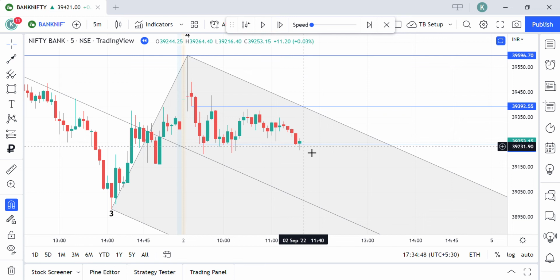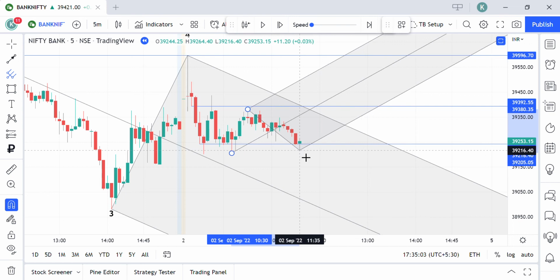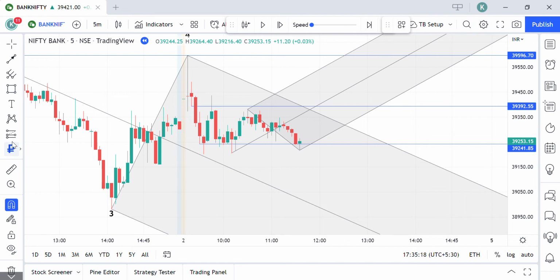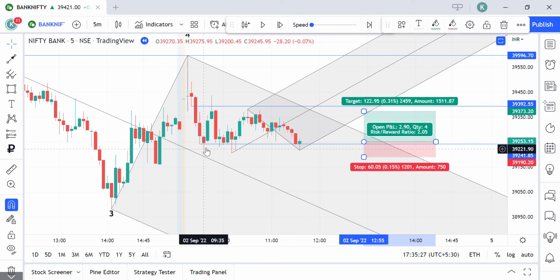So if that's the case, then price should have no challenge in going further up this side. Now, we can draw a small pitchfork from the latest highs and lows, mark it here, and we have taken a call option here at 39,220 255 and a stop loss below this level, because this is the point where buyers have held their ground strong and did not make the price come down.